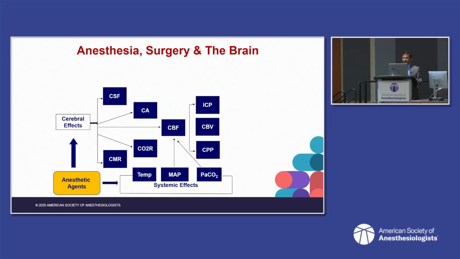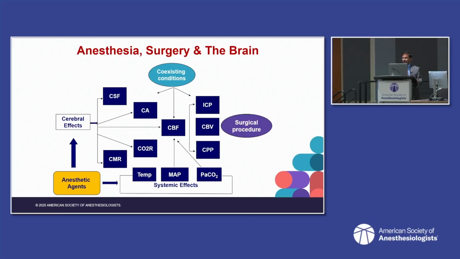And the net effect obviously is reflected in terms of effects on intracranial pressure, cerebral blood volume, and cerebral perfusion pressure. Now, this is just a healthy individual under anesthesia. Now, you introduce coexisting conditions like long-standing diabetes mellitus, like uncontrolled hypertension, and they can, independent of anesthesia, affect cerebral autoregulation, cerebral blood flow, and things like that.